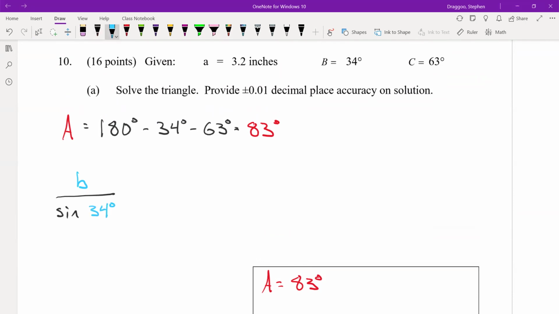The 3 comes first in 34, because I know how to write stuff. Equals, I want to set this thing equal to some other ratio in the law of sines. And I need to go with the one that I already know everything about. So I'm going to want to go to side length A. It's the only length that I have. So this will be 3.2 divided by the sine of angle A, which we just solved for. It was 83 degrees.